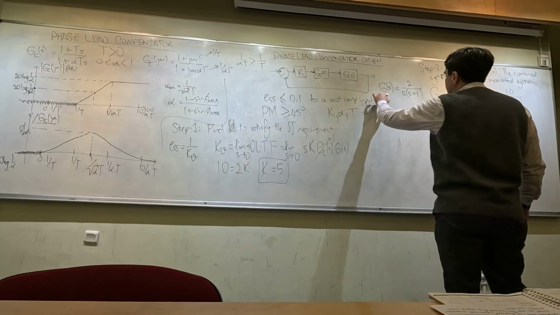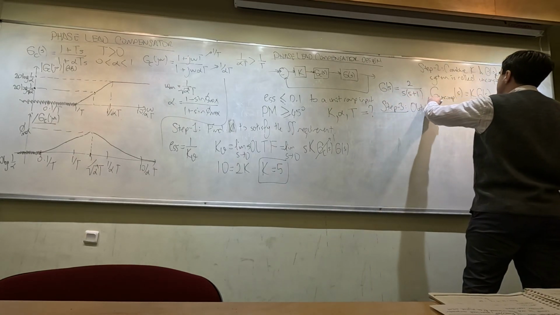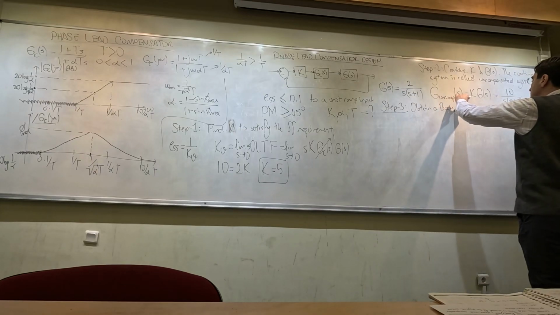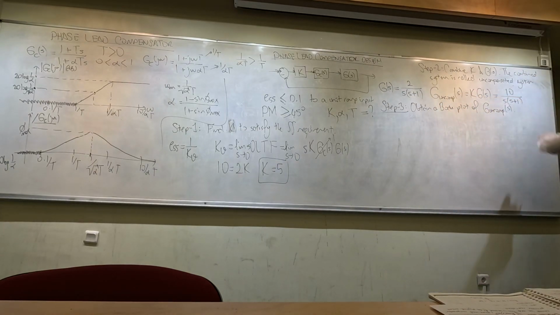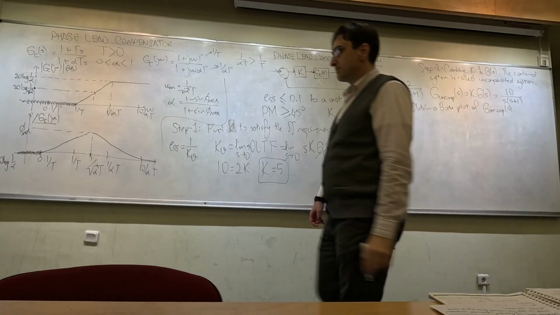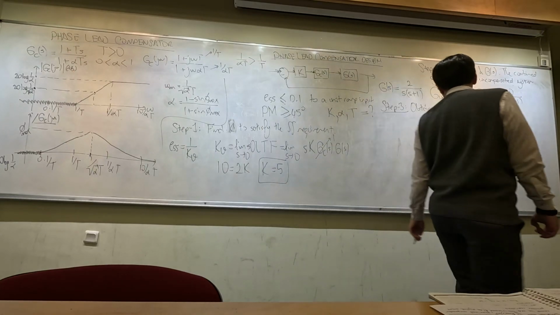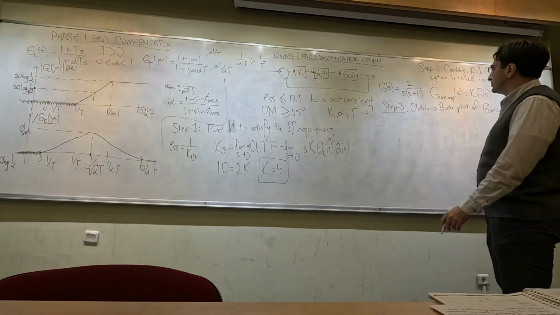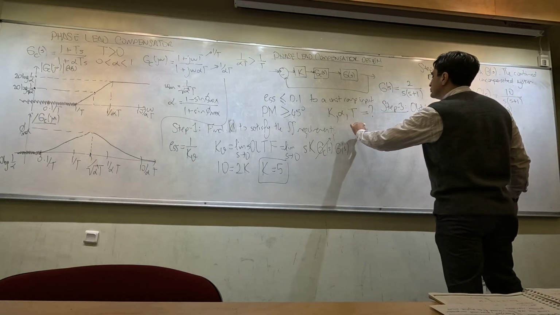Now let us look at step 3: obtain a Bode plot of G uncompensated of S. I'm going to draw an approximate or asymptotic Bode plot for this system. For that, I'm going to substitute j omega.